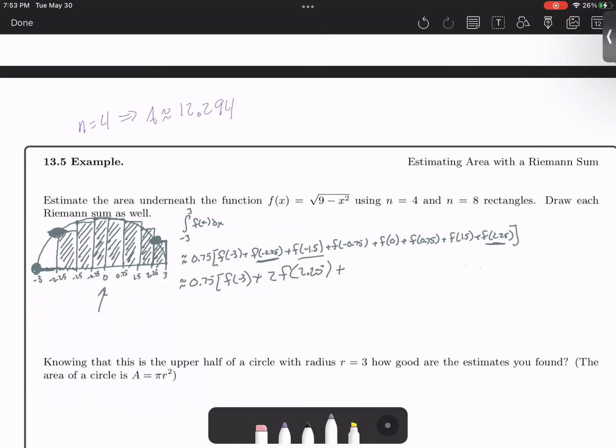For the same reason, the function value at -1.5 is the same value as the function at +1.5. This point right here is the same height as that point right there, even though it doesn't look it. I'm bad at art. The function at -0.75 should be the same thing as the function at 0.75. That height right there is the same value as that height right there.